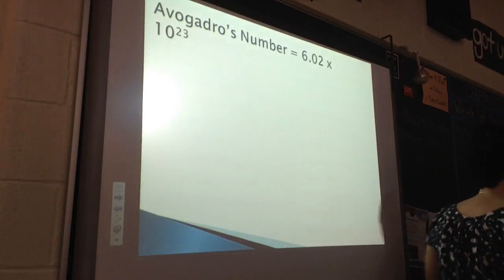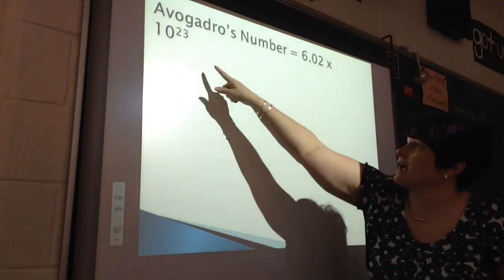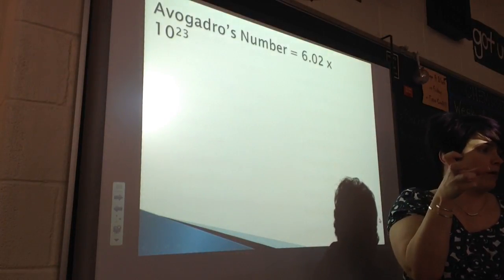Now, let's talk about the scope of this number. Even though we have the times 10 to the 23rd, this is a rather neat package in terms of the number.